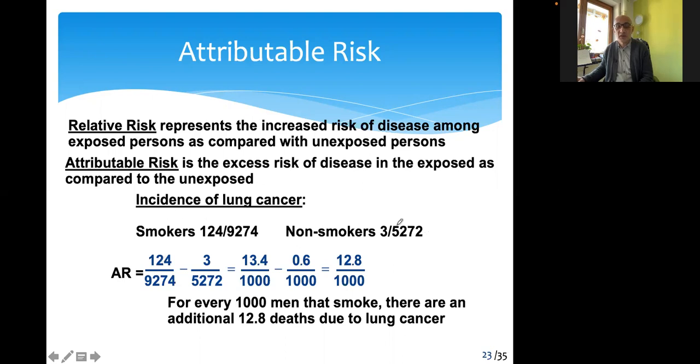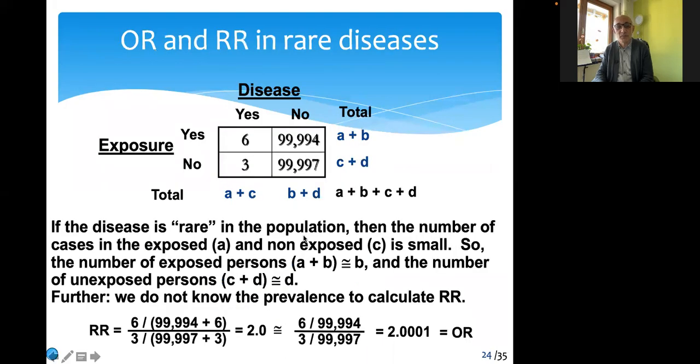The risk of smokers, risk of non-smokers, 124, 3, and if you subtract these two from each other, you will get the attributable risk. That means what? That means for every 1,000 people that smoke, there are an additional 12.8 deaths due to lung cancer. So don't get surprised if you read or hear this attributable risk, although we don't use it as commonly as relative risk or odds ratio.